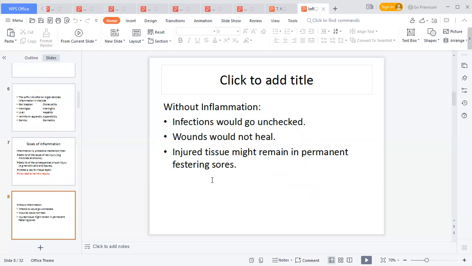That is its purpose. Without it, wounds would not heal, because upon injury to the blood vessel, platelets start releasing thrombus-promoting agents that lead to formation of a thrombus, which we will discuss in hemodynamic disorders tomorrow. Injured tissue might remain as permanently festering sores.